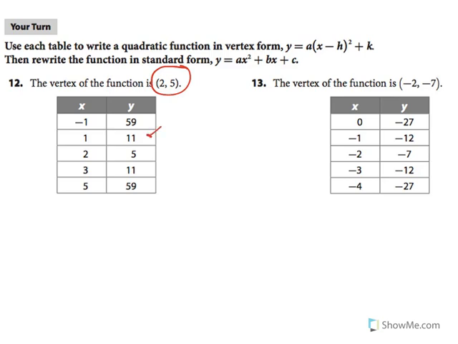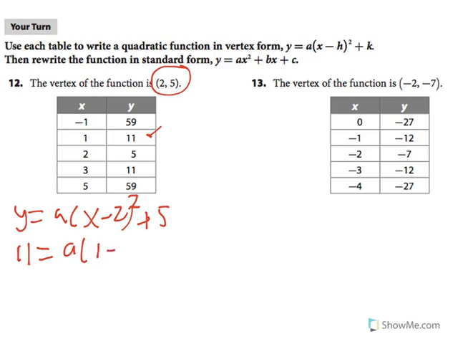So y equals a times x minus 2 squared plus 5. So y is 11, a is just a, x is 1 minus 2 squared plus 5. So this gives us 11 equals -1 squared is 1, so a plus 5. Subtract 5, so 6 equals a.